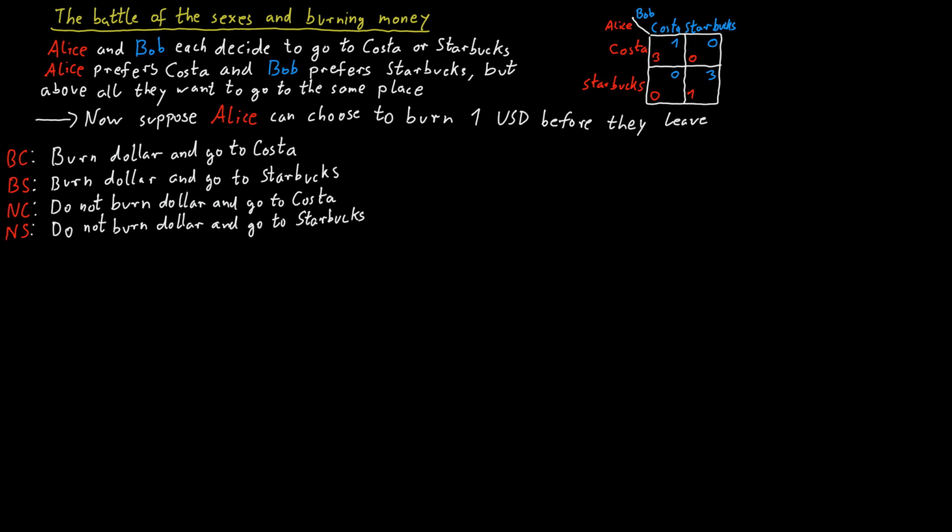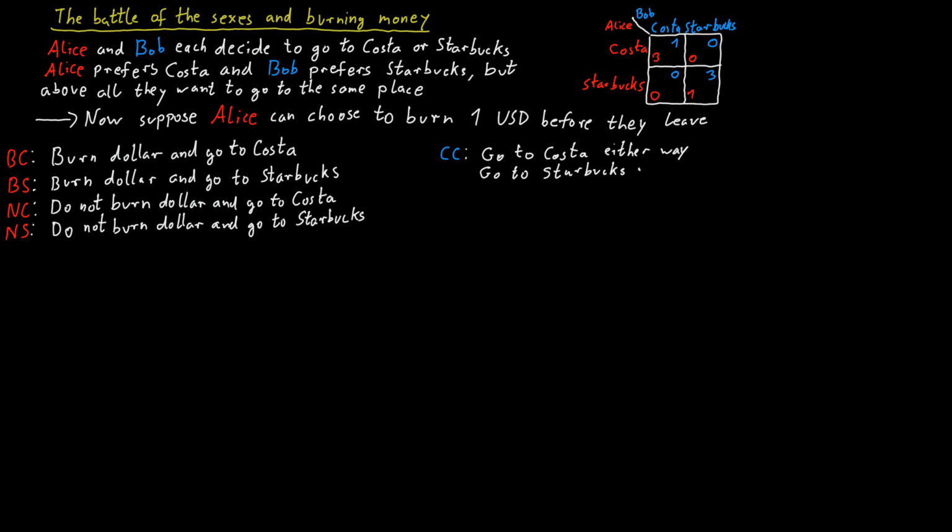But not only does Alice now have 4 strategies instead of 2, Bob has 4 strategies as well. This is because Bob can decide that he would like to make his choice of coffee place dependent on whether he sees Alice burning the money or not. So his options are to go to Costa either way, whether Alice burns the money or not. Let's call this CC for Costa and Costa.